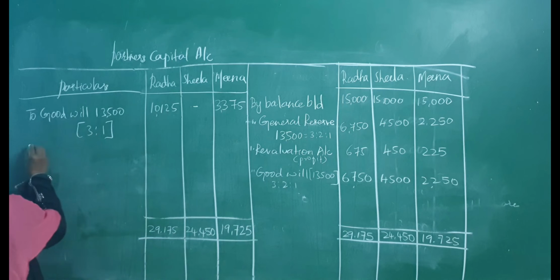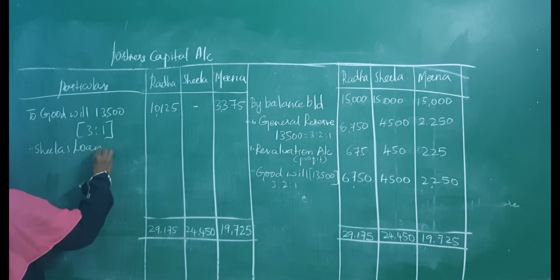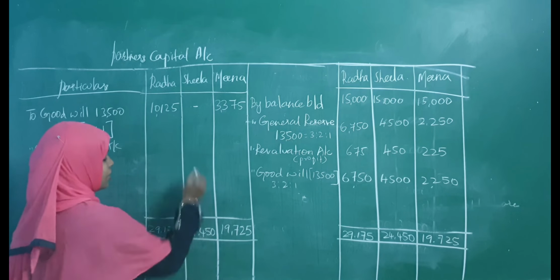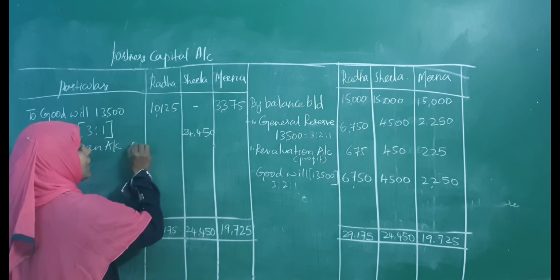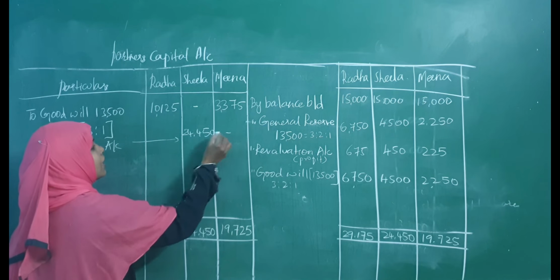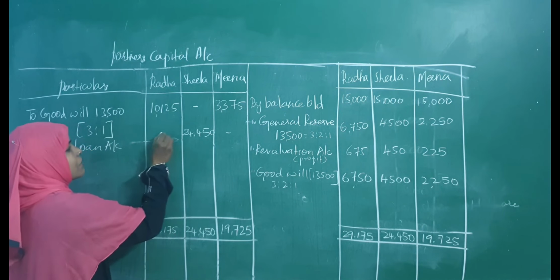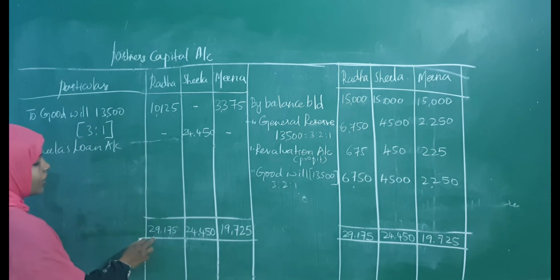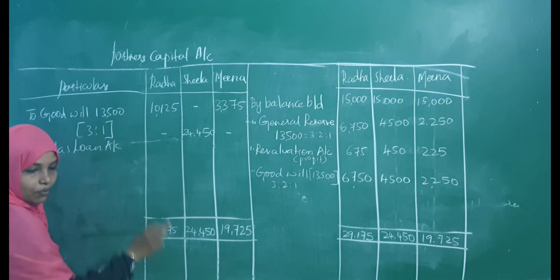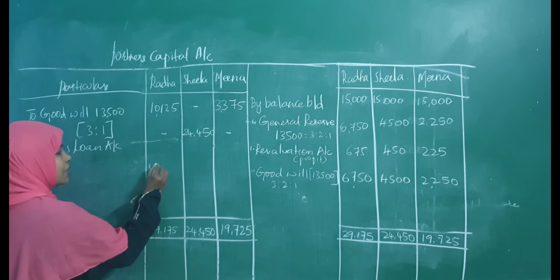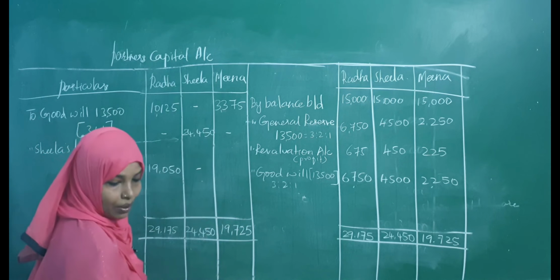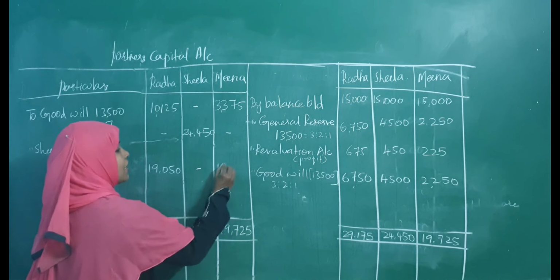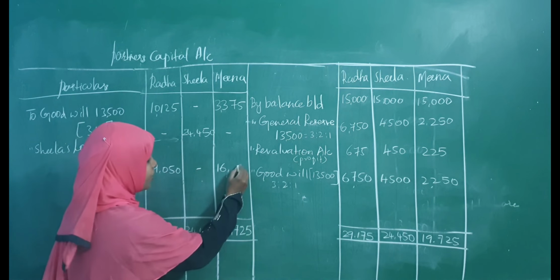First for the retiring partner. Okay, you have to write to Sheila's loan account. Okay, first for Sheila. Here we don't have anything, so write down the same balance, 24,450. Okay, for Sheila. Next, this is just for your reference I have drawn. 29,175 minus 10,125 gives you 19,050 for the other two partners. 19,725 minus 3,375 gives you 16,350.